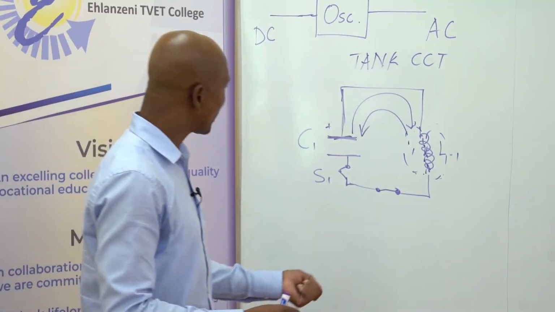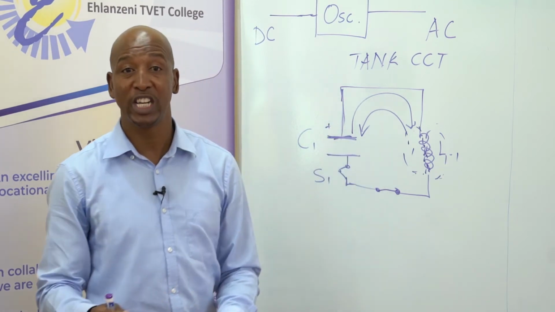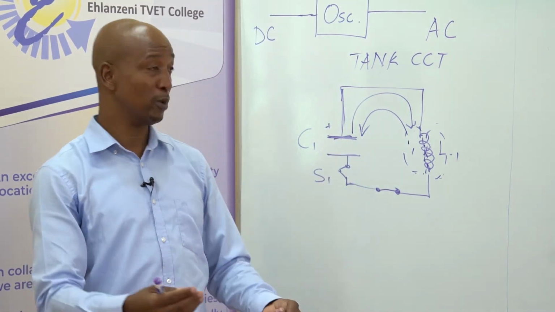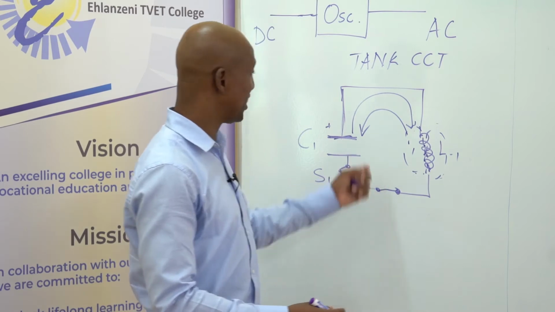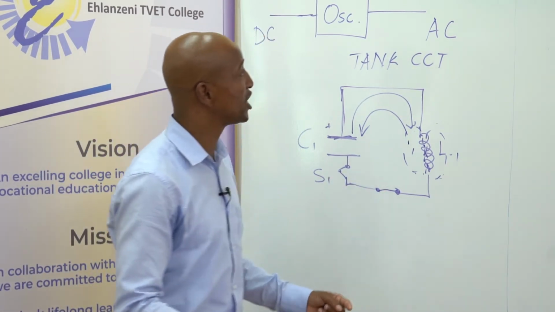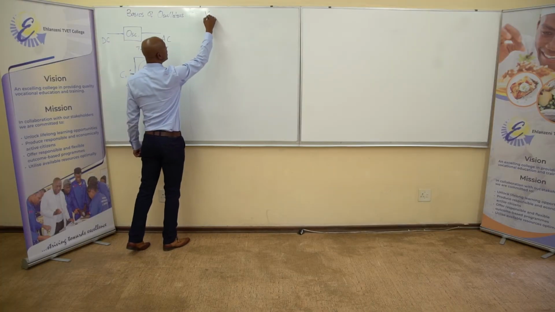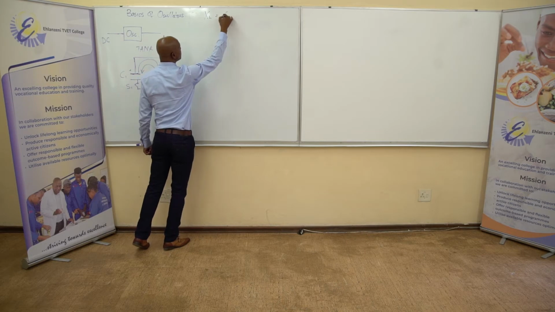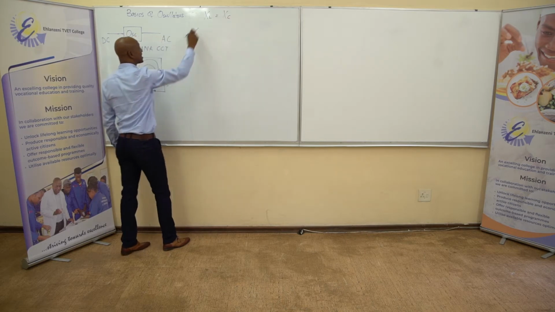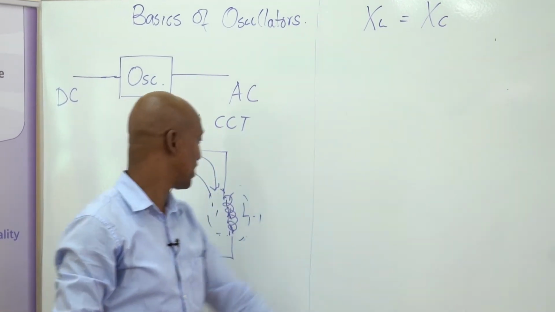So we can prove the speed or the frequency of oscillation by some kind of a formula, where we say we know that for oscillation to happen, some kind of resonance must be achieved. Resonance from level 3, we know that XL must be equal to XC. That is our inductive reactance, and this is our capacitive reactance.